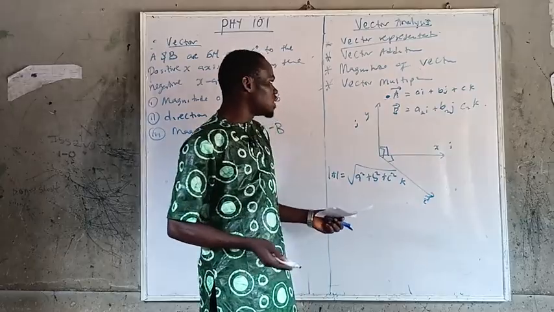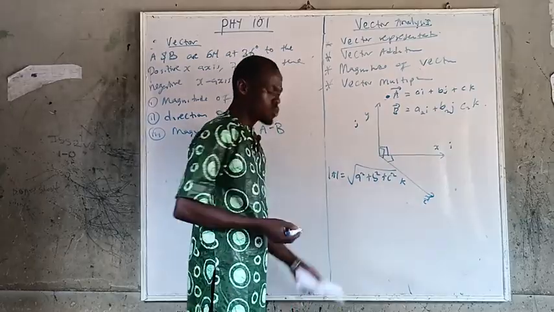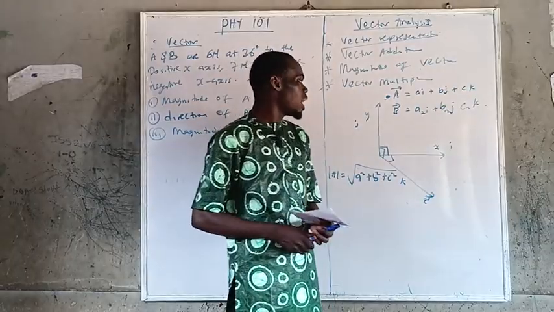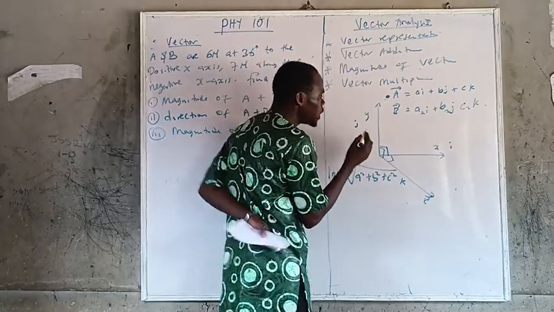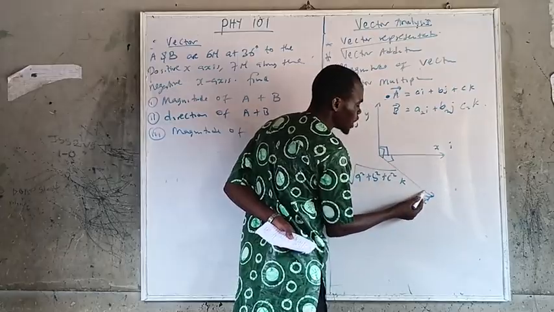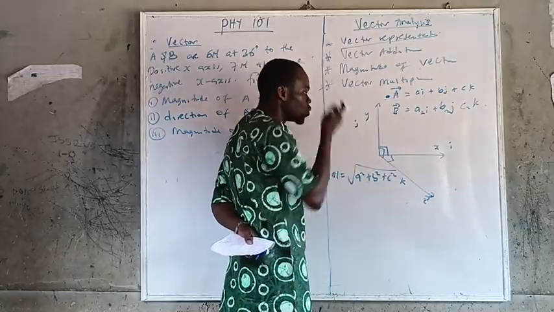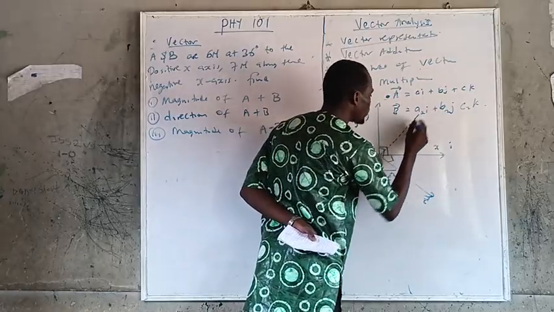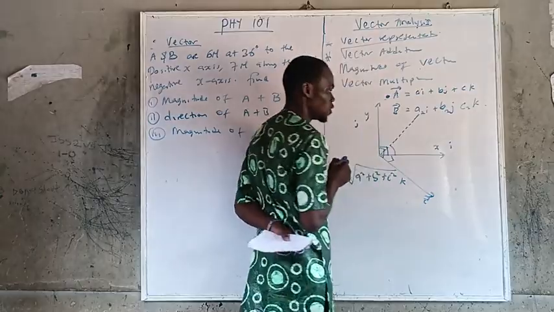What else after the magnitude? You have to determine the angle made to the horizontal. Now when we say angle made to the horizontal, you see we have y components, x components, and z components. Most of the time, we find the angle of that vector to the x component.